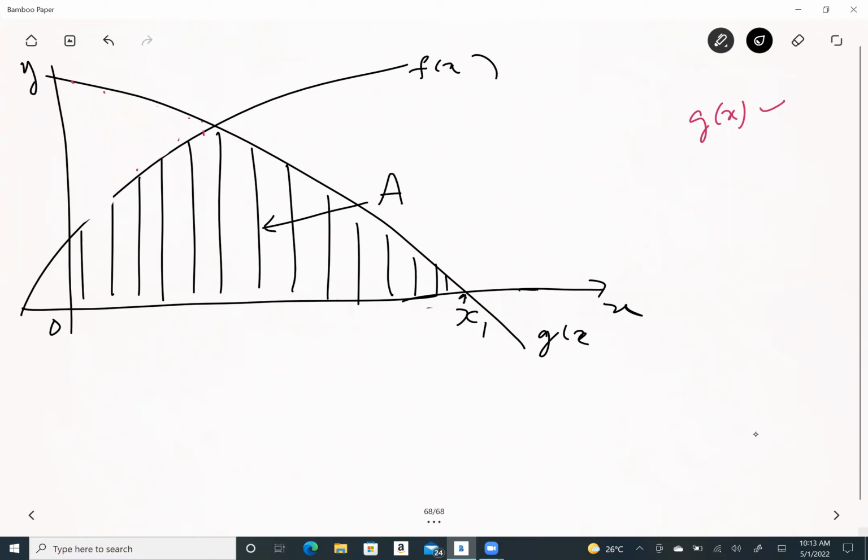Area under g, that is right, but it's only half of the story. What is the other half? Area under g is from here, only that part. The other part, area under what function? Area under f of x.